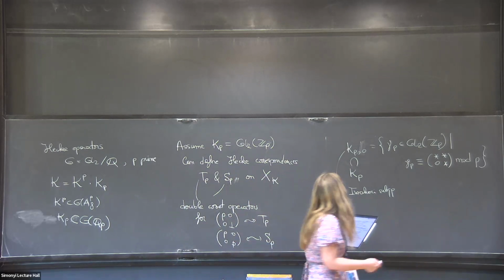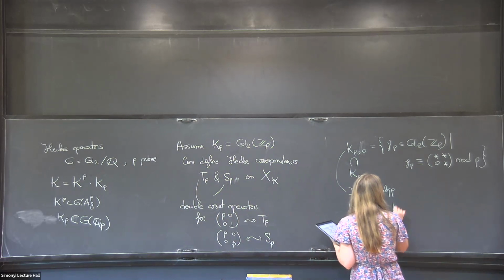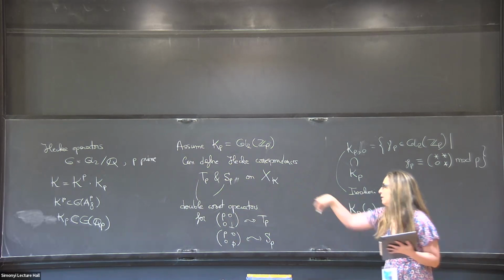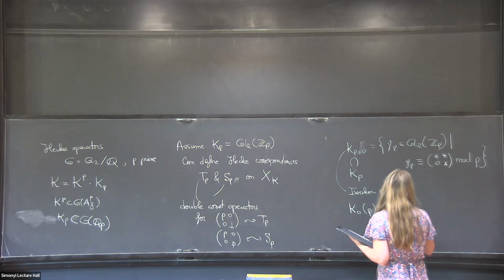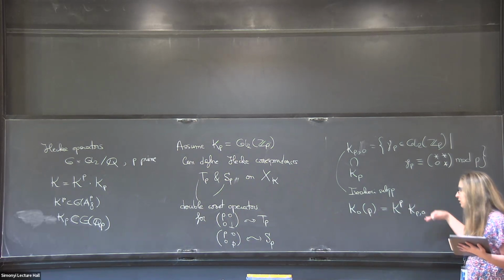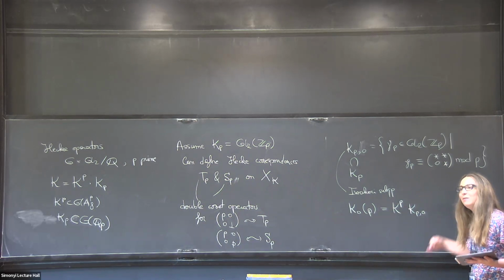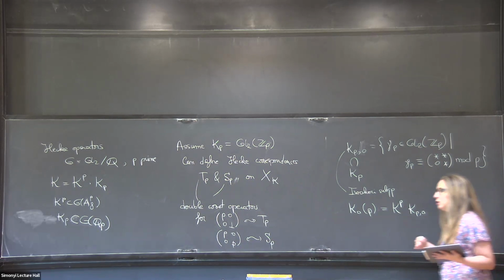So maybe K_0(p), I'll take this to be the same level away from p, so I don't care what happens away from p, but I take the Iwahori subgroup at p. Okay, so this is the same level, but with an extra congruence condition at p. So that means it's going to be a bigger space. It's going to cover the original space.